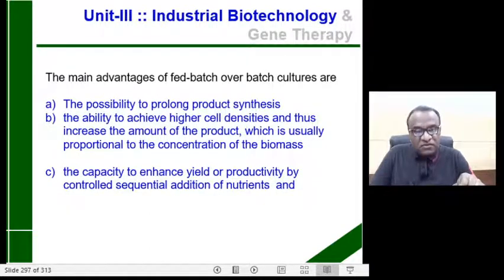So choosing the right feeding method or strategy can enhance the culture performance considerably, since it influences the cellular growth rate, the cell physiology, and the rate of product formation.